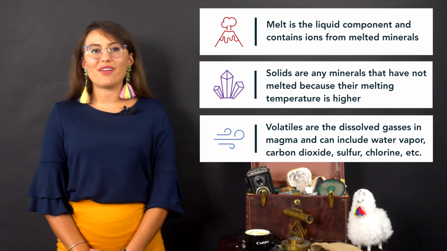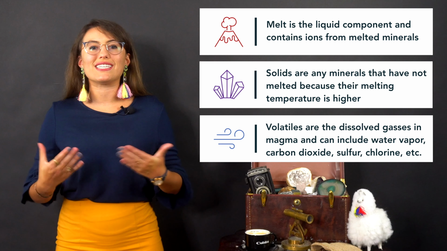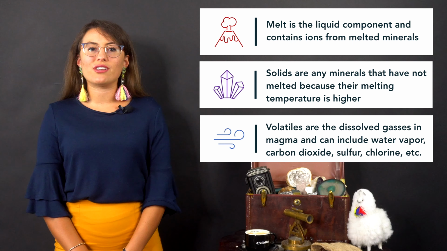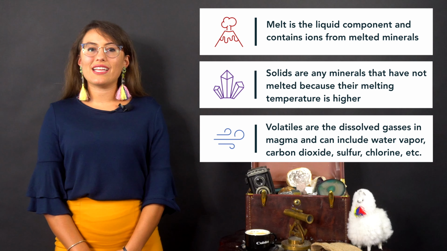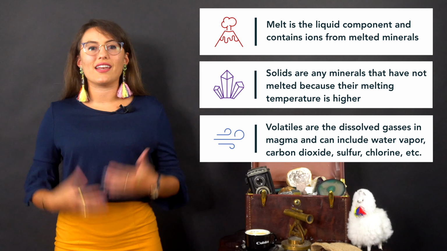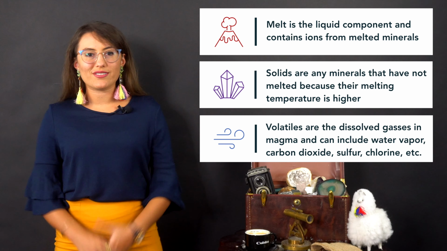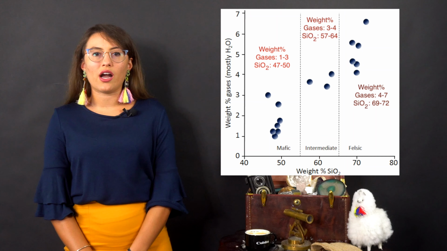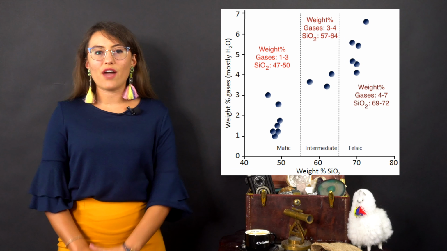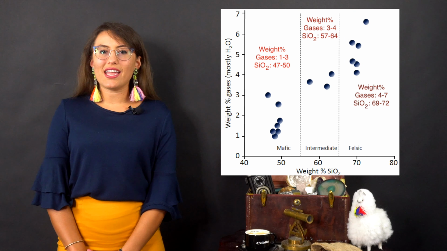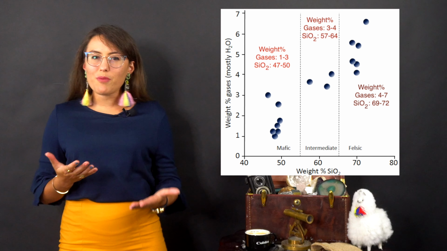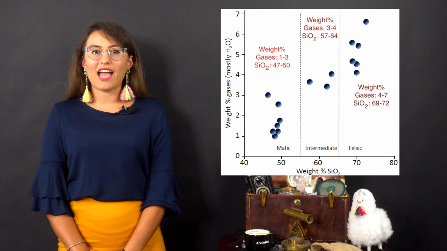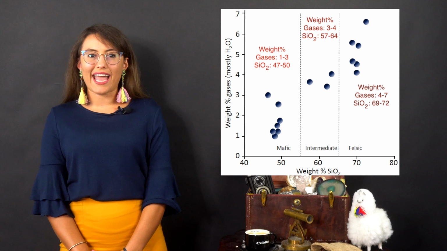Solids are any minerals that have not melted because the melting temperature is higher, and volatiles are the dissolved gases in magma and can include water vapor, carbon dioxide, sulfur, chlorine, and many others. Depending on the dissolved gases, these will affect the behavior of the magma. Mafic tends to have 1 to 3% dissolved gases, intermediate magmas are about 3 to 4%, and felsic magma have between 4 to 7% dissolved gases.